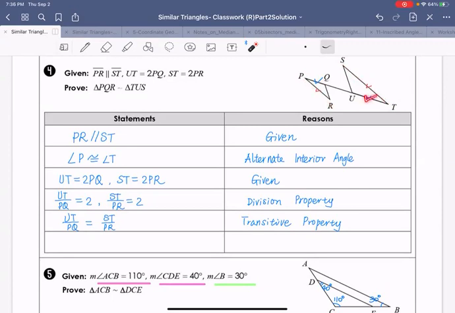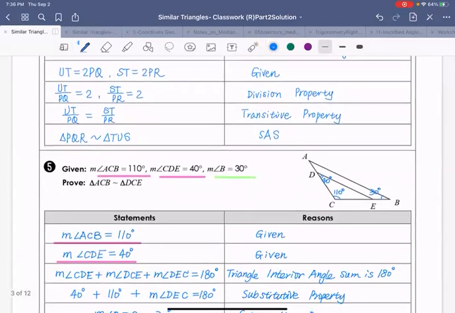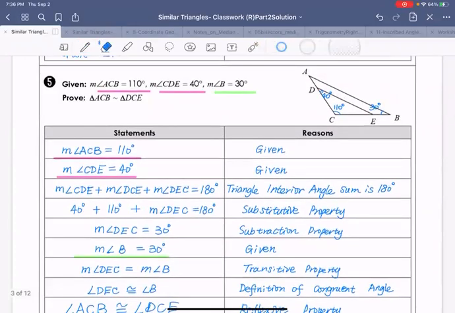So I highlight this line here, this line here, and I also know this angle is equal. That's called SAS, okay? Yeah. Okay, very good. Now we finished the 4 questions. We will continue moving on, okay?